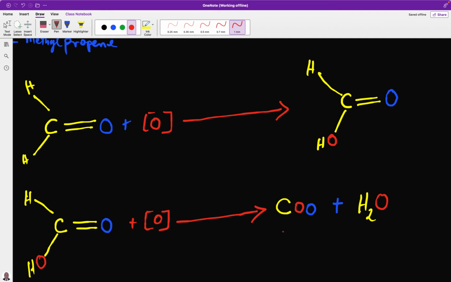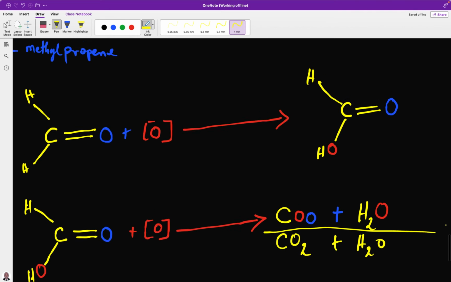We can say this one is carbon dioxide. Let's just put it now as carbon dioxide plus water. So that is the thing. So that is what we are seeing here. That's the carbon dioxide and water that you are seeing.